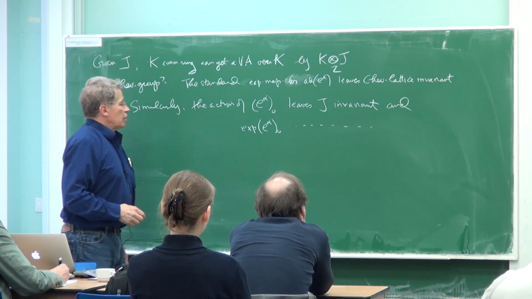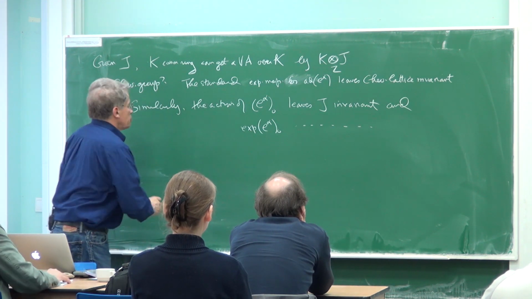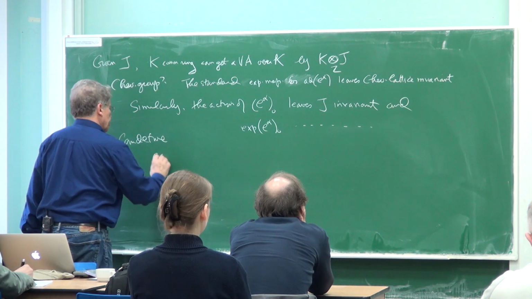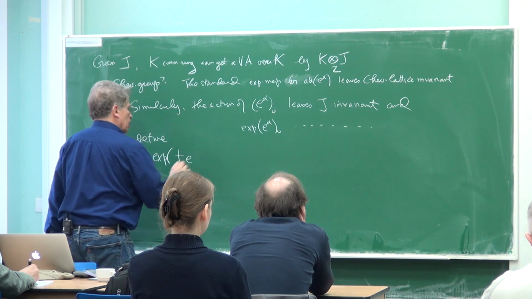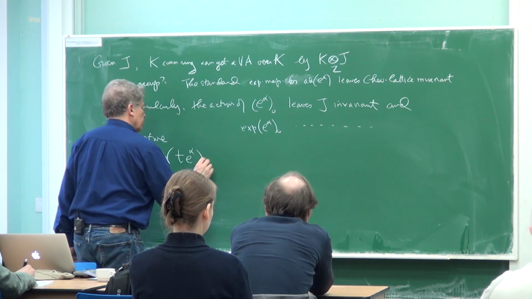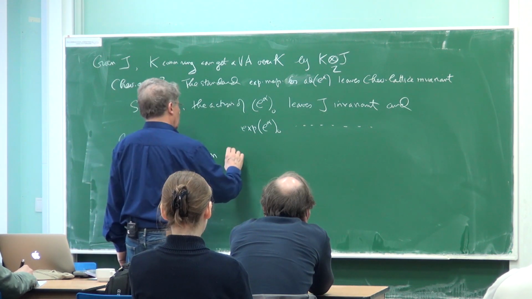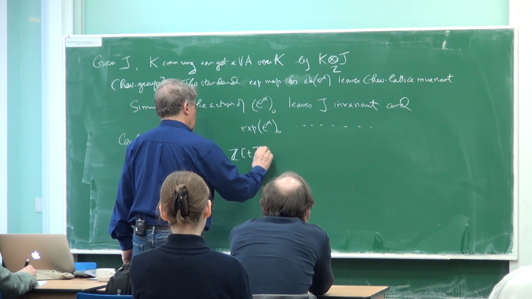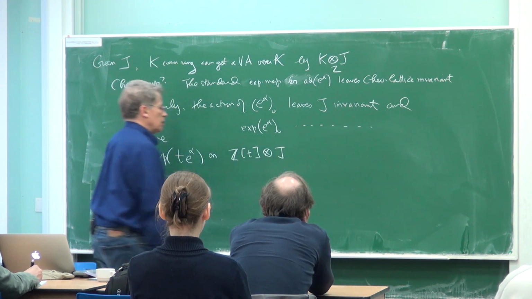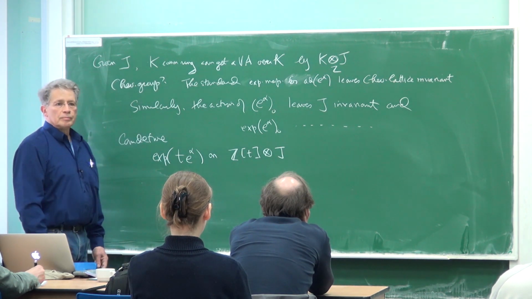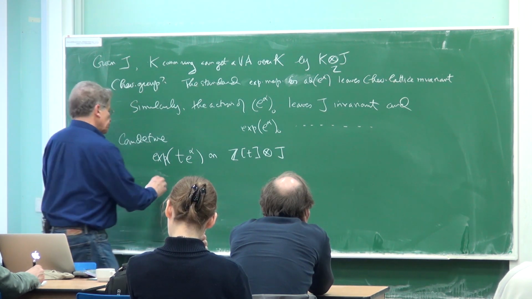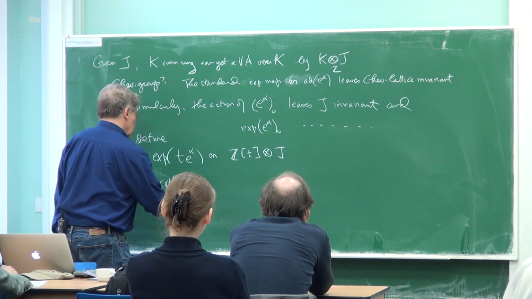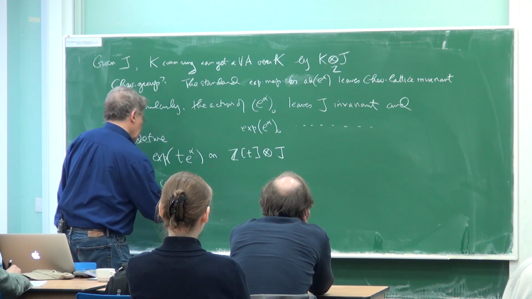So that means you can define exp(T E^α) on C[T] tensor J, where T is a variable.